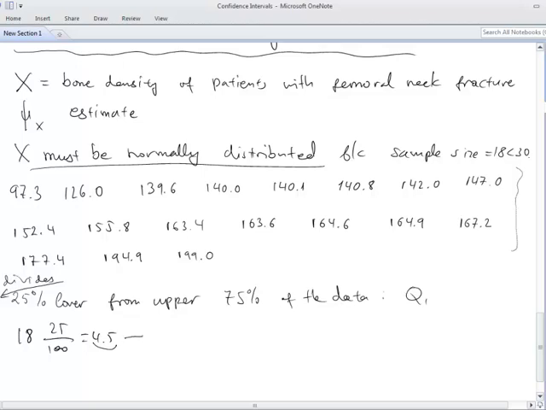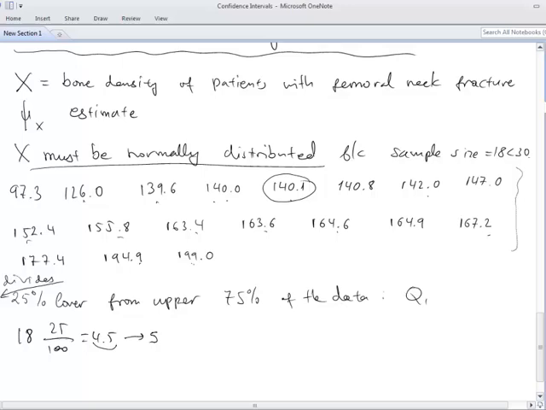Now, this number should be rounded up to 5, and if you see 1, 2, 3, 4, 5, if you take 140.1, then the data points that are less than 140.1 are 1, 2, 3, 4. And the numbers that are higher are 1, 2, 3, 4, 5, 6, 7, 8, 9, 10, 11, 12, 13.